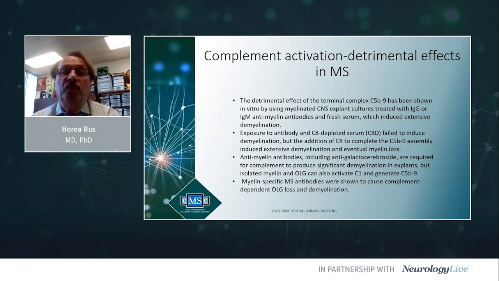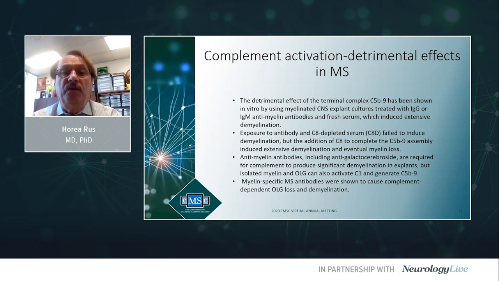As mentioned before, not only the antibodies can do myelin damage and demyelination, as we discussed above, but also oligodendrocytes themselves, because they lack complement inhibitors on the surface, and myelin can activate complement C1 and generate C5b29.